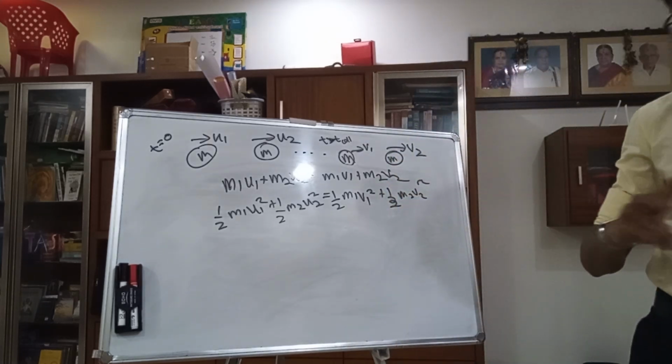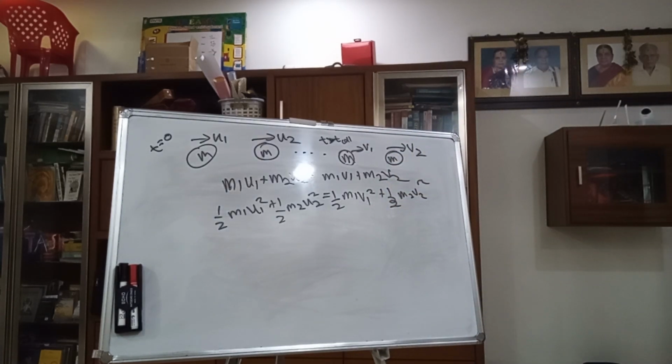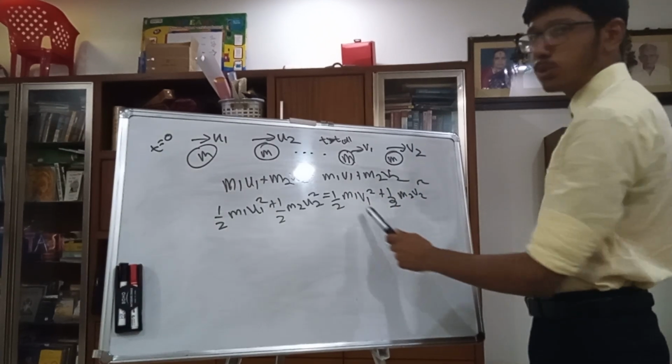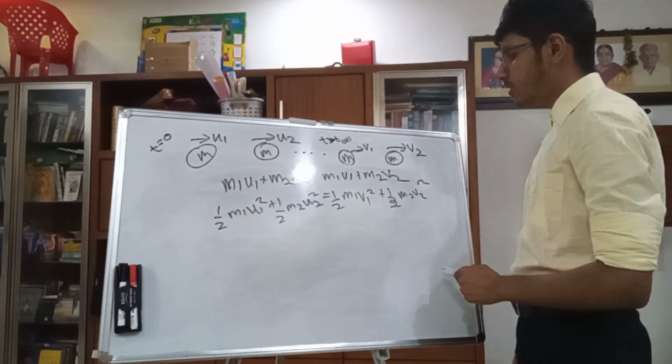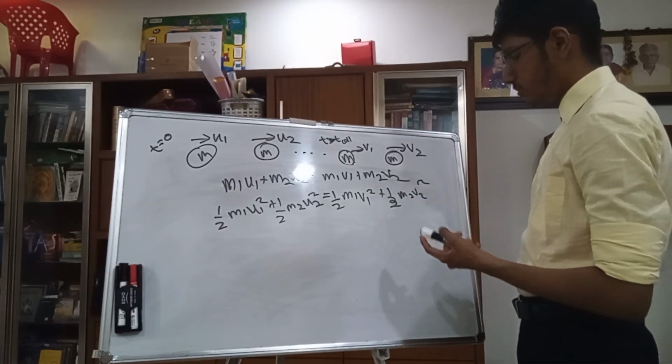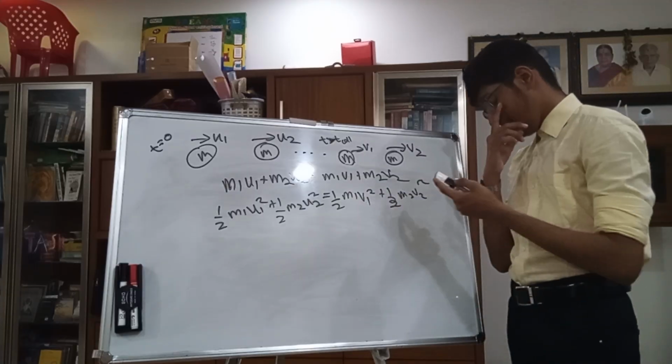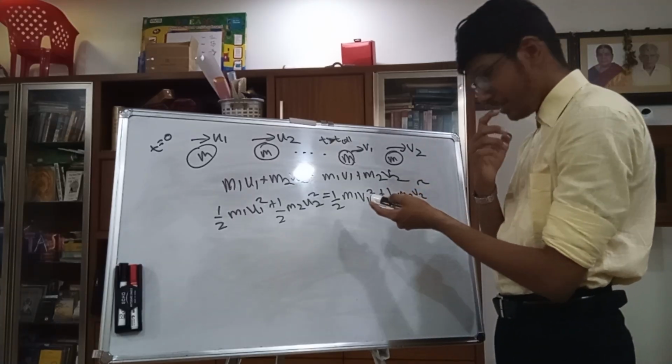For those students who don't know what kinetic energy is, kinetic energy is half m v square, half mass into velocity square. M means mass here, not slope.